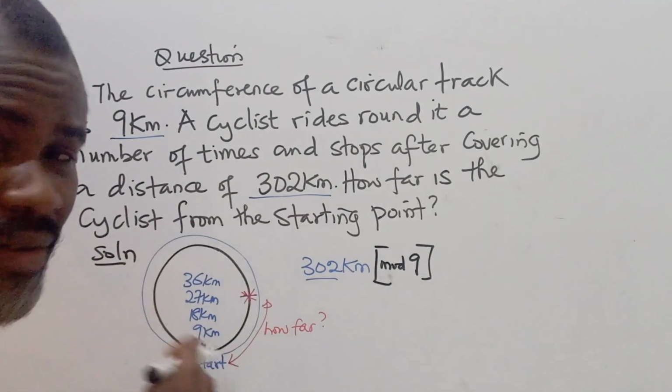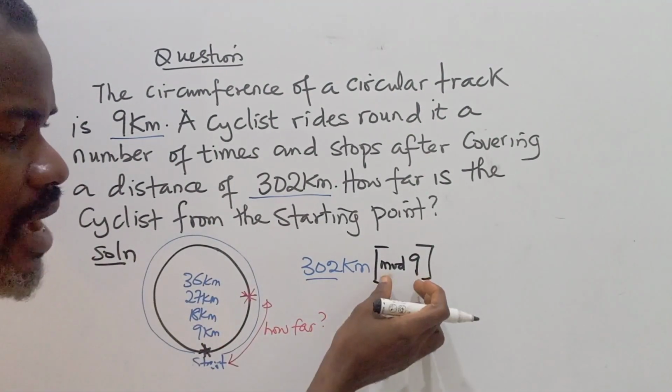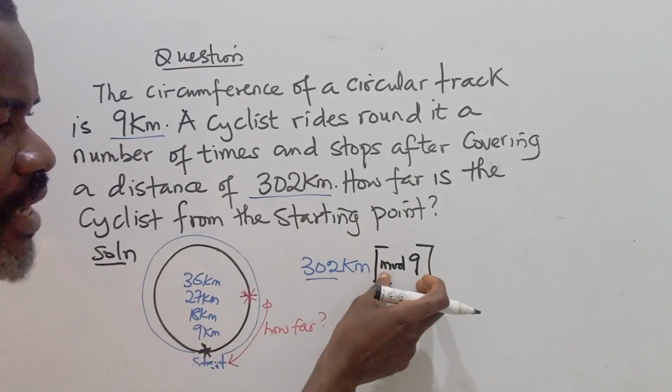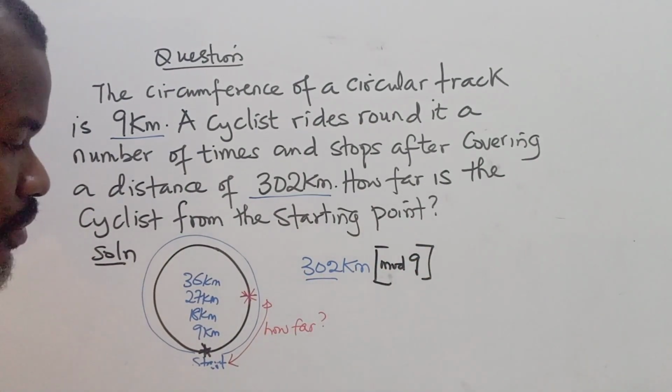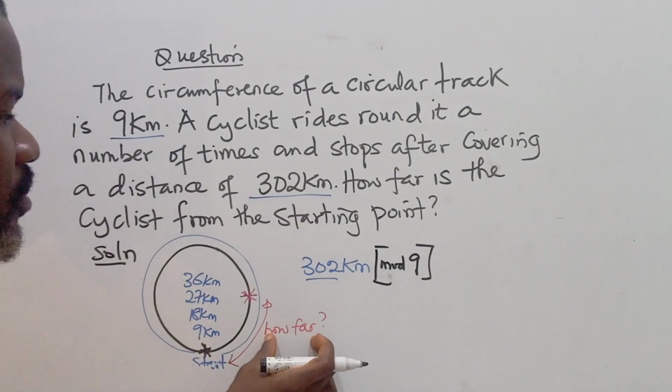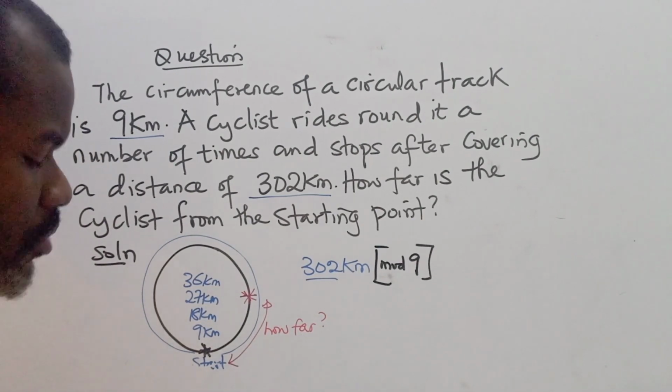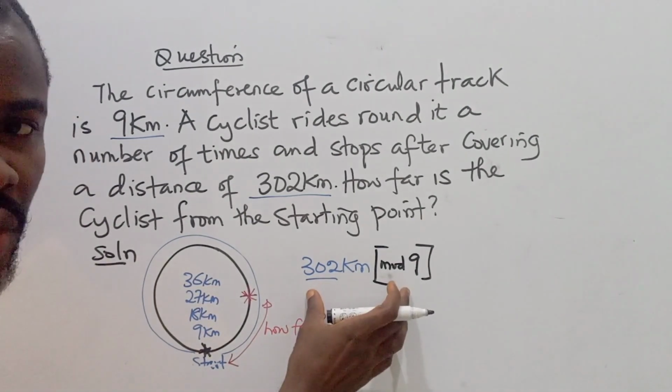Just like you have your 12-hour clock, but this is now in modulo 9. Whatever answer we get becomes how far the cyclist has moved from the starting point.